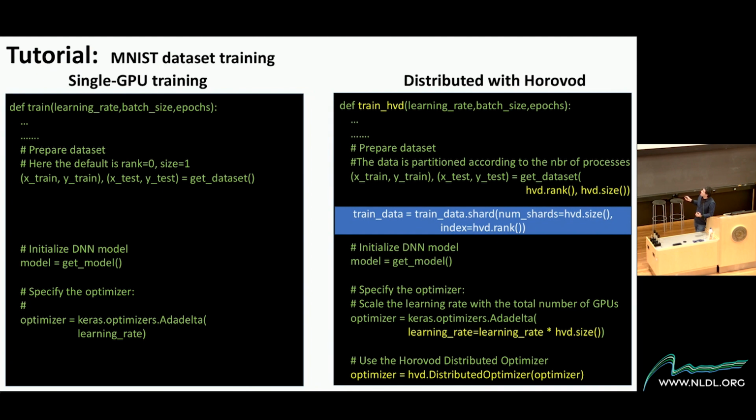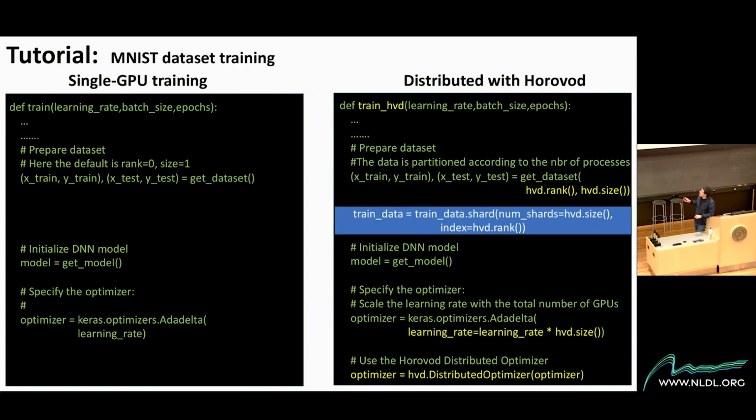However, in this case, each rank will access a different set of data, according to these two arguments, which means rank 0 will access one data set, rank 1 will access another different data set, and so on and so forth.